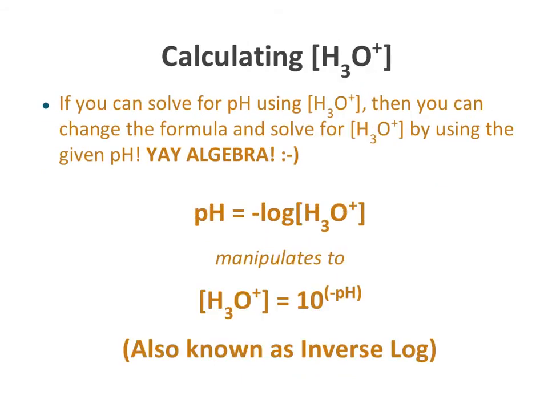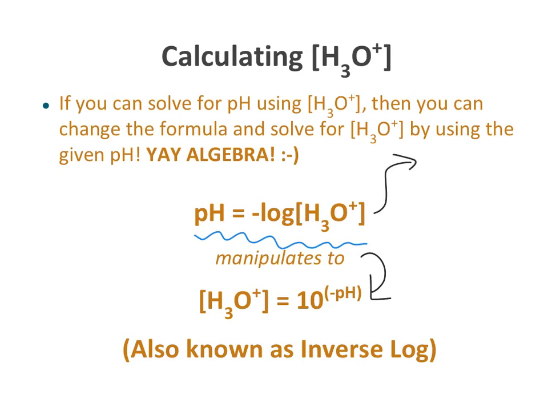Now, if you can solve for pH using hydronium ion concentration, then you can solve for hydronium ion concentration using pH, because that's how algebra works. Given that pH equals the negative log of the hydronium ion concentration, we can manipulate that into this formula down here, where we take the inverse log.